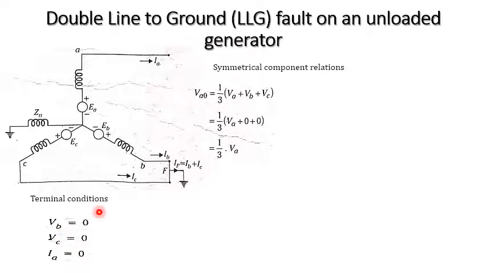We know that VA0 is 1 by 3 of VA plus VB plus VC.